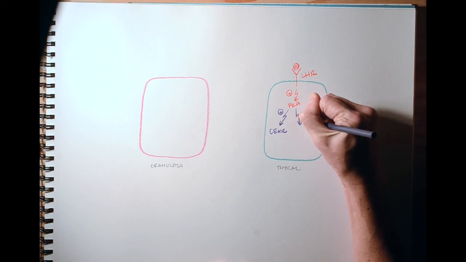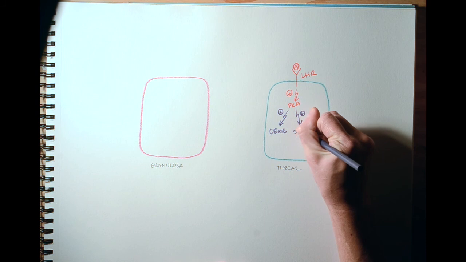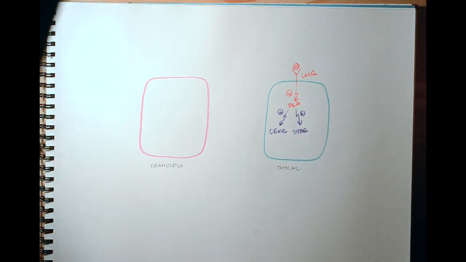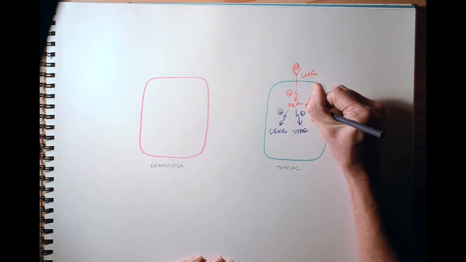We'll see an increase in expression of that StAR protein, which delivers that free cholesterol to the specialized mitochondria that we see in these thecal cells, the specialized mitochondria that we saw in the Leydig cell, and also the steroid hormone-producing cells in the adrenal gland.